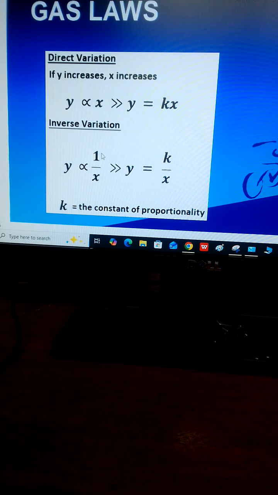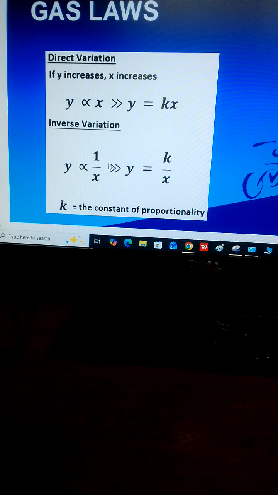We multiply this part with k, a constant, and instead of this proportionality symbol, we put equal to. So y is equal to k over x in the case of inverse variation. So k in these two cases is the constant of proportionality. K is a constant. So I want us to apply this knowledge to the gas laws, how the variables vary.